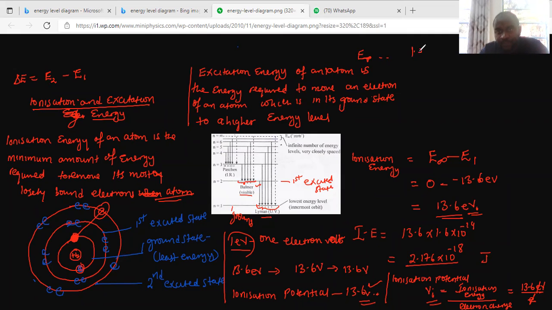I.e., the first and second excitation energies of, let's have an example. The first and second excitation energies of hydrogen are 10.21 eV and 12.09 eV respectively.